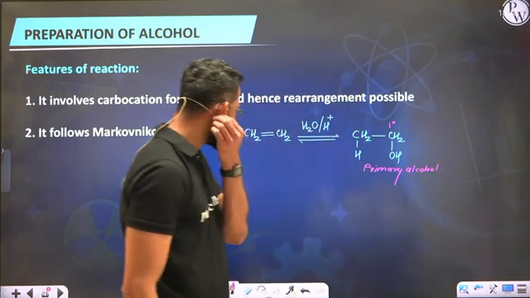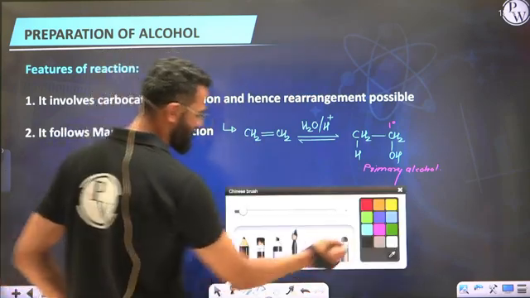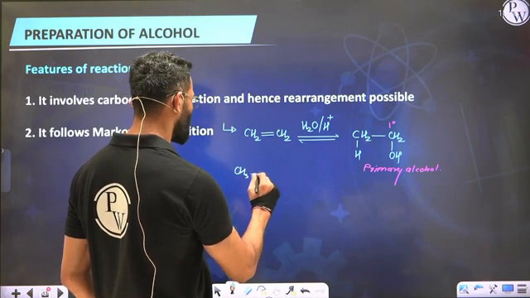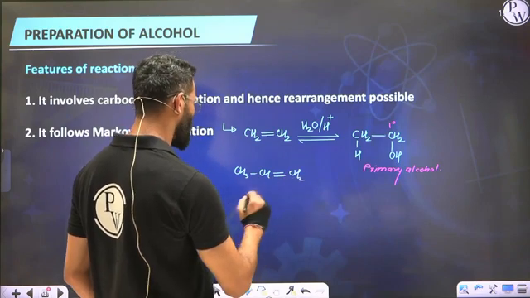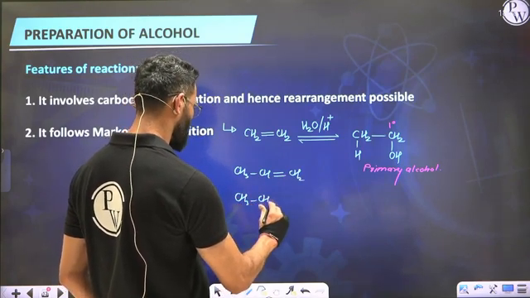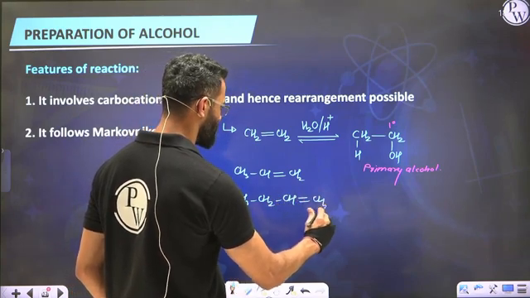Guys, I want you to think of any other alkene, just for practice. I'm not going to write down the reaction. Take propene, butene, whatever you want, or isobutene.